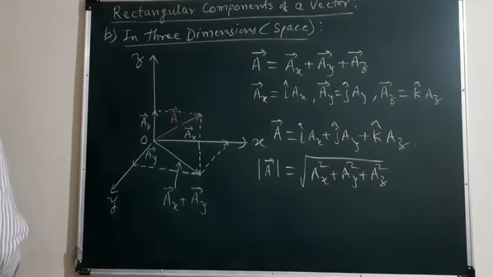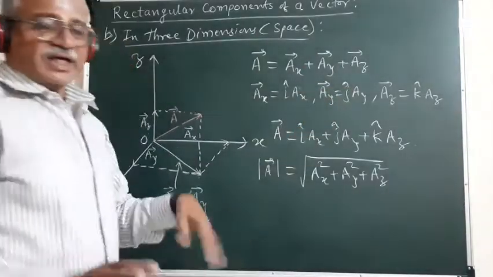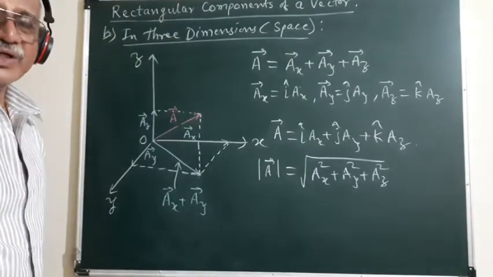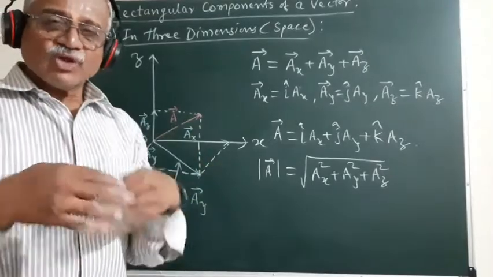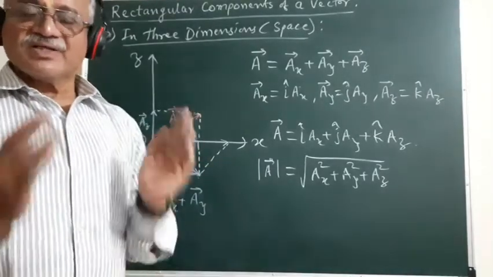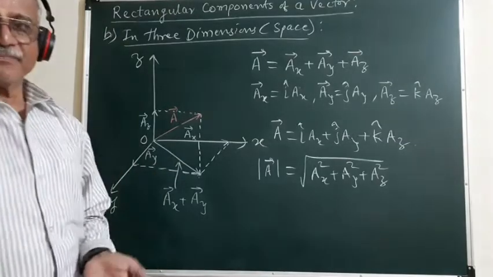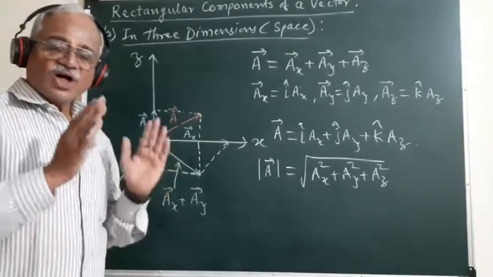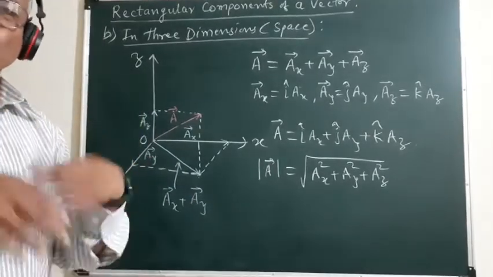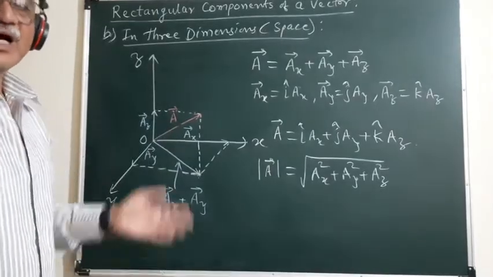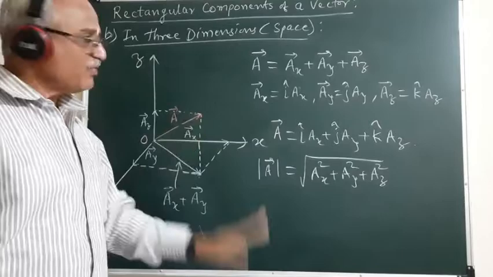So a single vector is expressed as the sum of the 3 vectors. In vector addition, the addition of 2 or 3 vectors results into a single vector. But in the reverse manner, a single vector also can be expressed as the sum of 2 or 3 vectors, and that is called the resolution of a given vector.